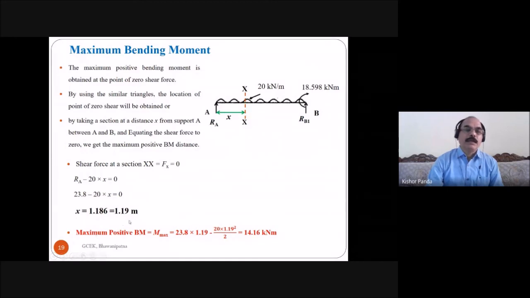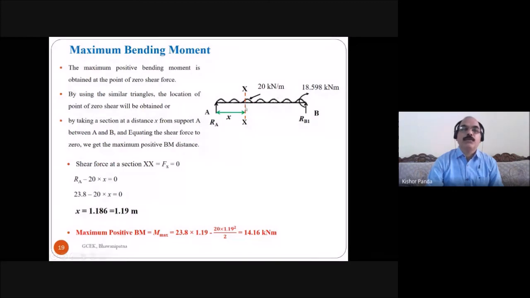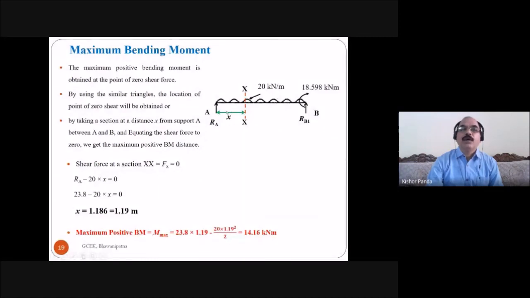Then after getting this zero shear force position, x equal to 1.19 meter, you can find out the moment here, and that moment is the maximum positive moment. This moment is equal to Ra into 1.19. Ra is 23.8 into 1.19, and due to this load you have to take the moment about the section x.